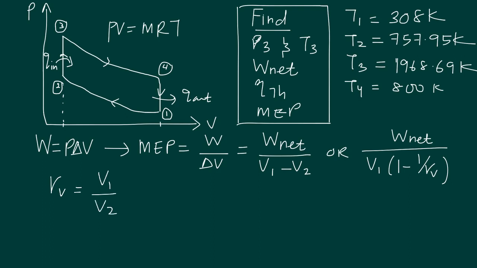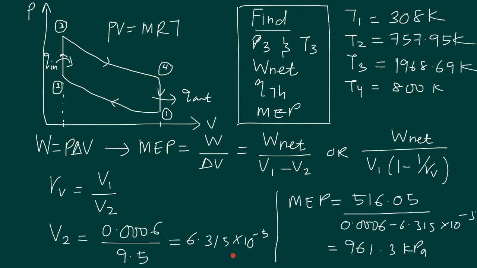So given to you, V1 is equal to 0.006, so you are going to have your V2. Once we obtain the value of V2, we make use of these equations. So you are going to have this value for your MEP. Or you can make use of these equations. It's going to give you about the same answers here.